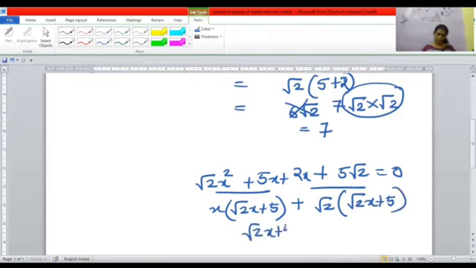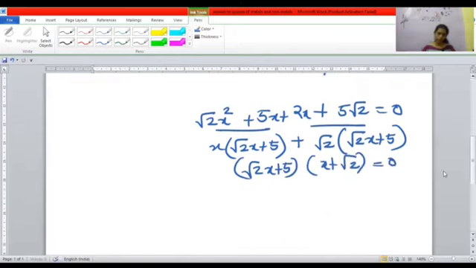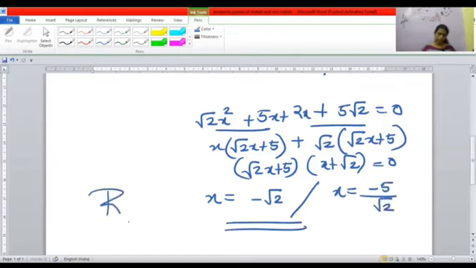Write it once, and the other bracket is x plus square root 2, which is equal to 0. So you will get two values of x. First value is minus root 2 and your second value is minus 5 upon root 2. So these are your roots.